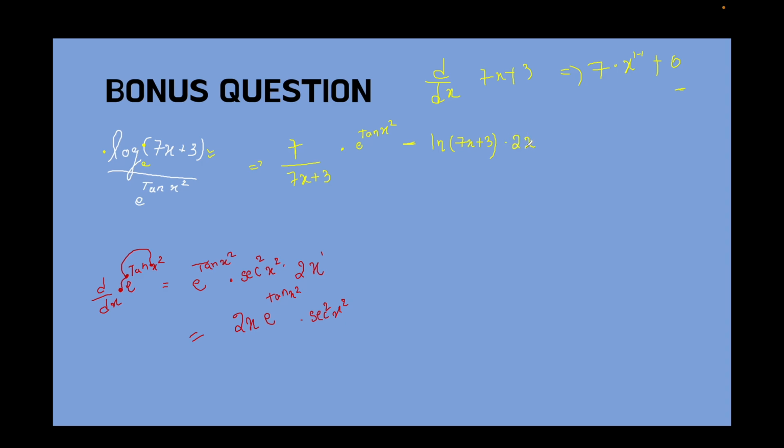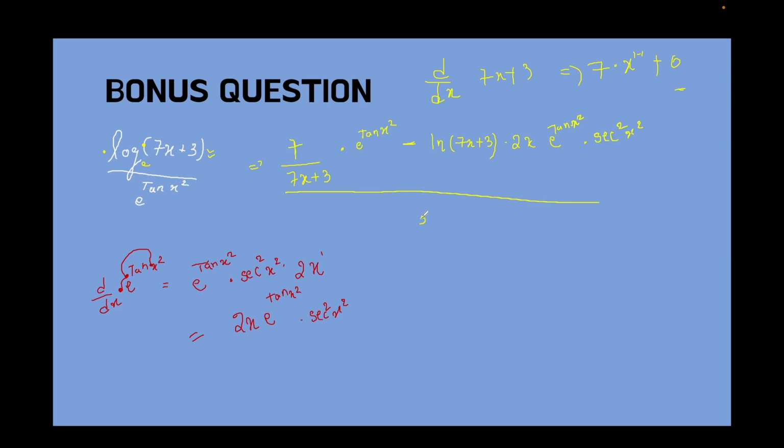Two x into e power tan x square into secant square x square. Most people leave it here. What do you have to do?